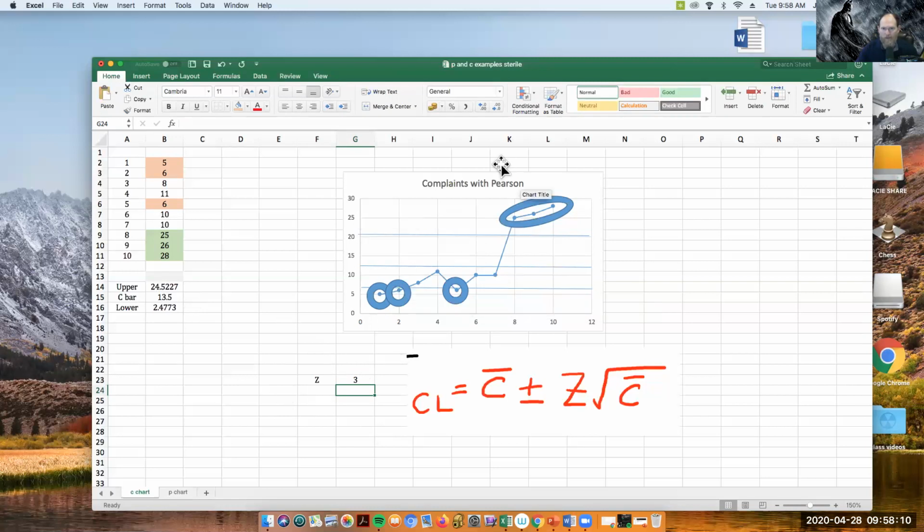The problem, at least with the way we do these charts in Excel, is our control limits are not going to change on our chart, so we've got to go back and adjust those. But that's really all there is to it with the C chart, with the exception of the interpretation. Okay. Any questions on the C chart? When to use it, how to do it, how to interpret it, those kinds of things.